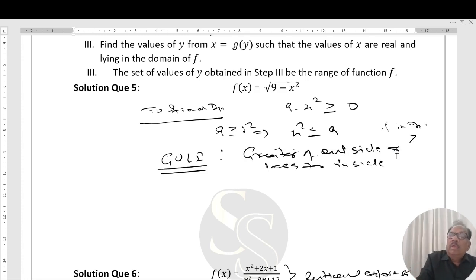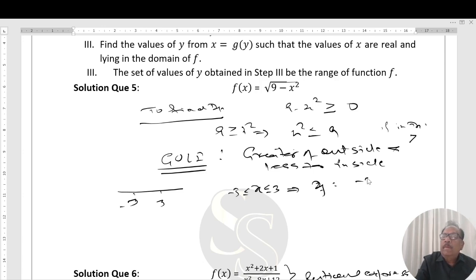It means there are two possible values, minus 3 and plus 3. In this case, the less than sign is there, so the possible values of x will be x less than or equal to 3 and greater than or equal to minus 3. So the domain of the function will be the closed interval minus 3 to 3. If it were in the denominator, then it would become an open interval. This is the domain of f.